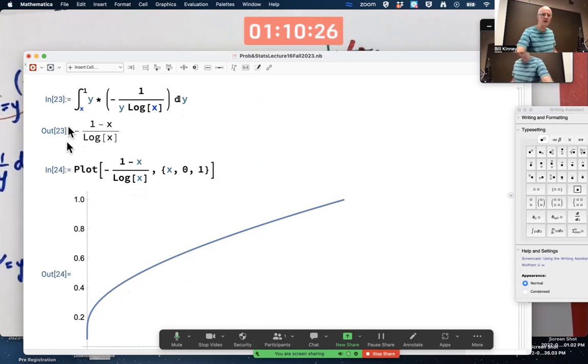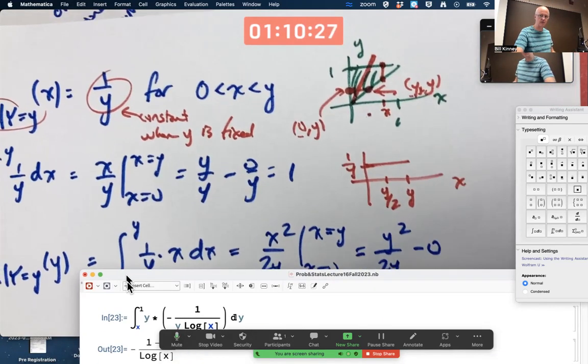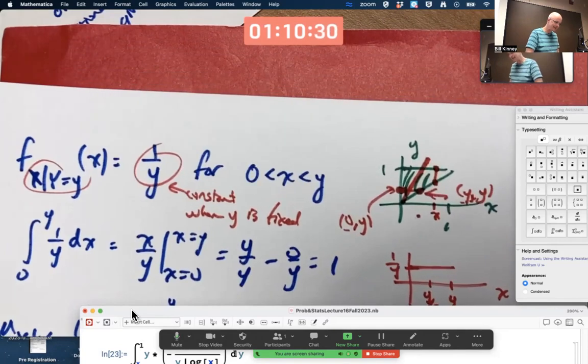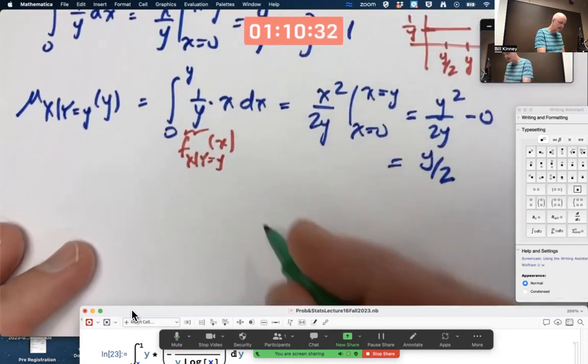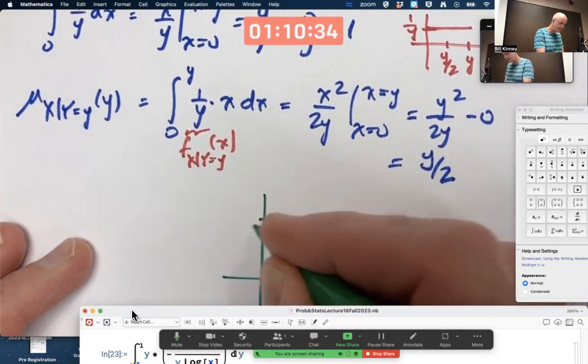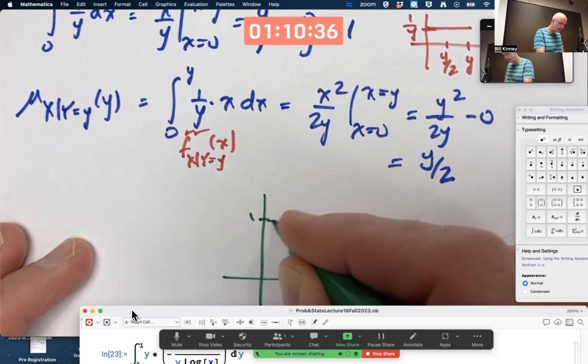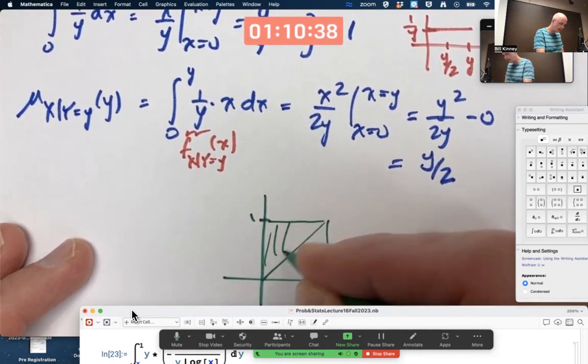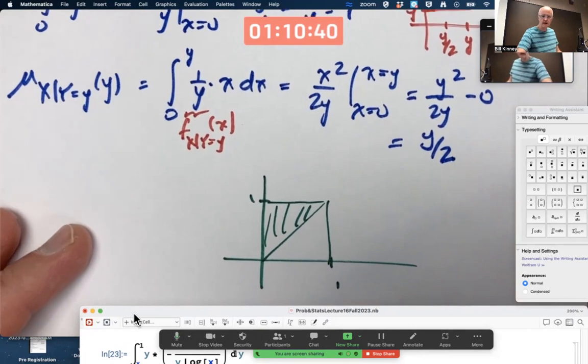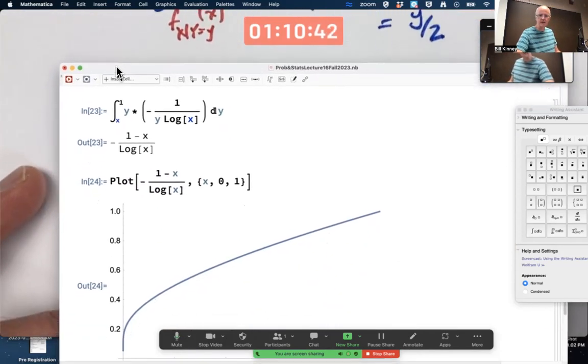Back in this picture, this curve of regression of y on x, well, let me redraw it. Looks like, is it in the triangle?